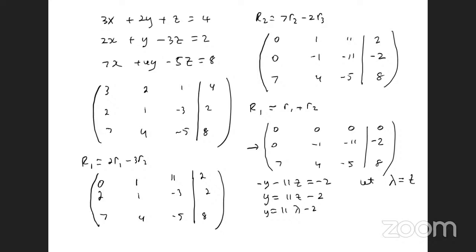Now we have 7x plus 4y. Minus y equals 11z equals minus 2. Sorry? Y equals 11z minus 2. Minus y equals 2, and plus 2.